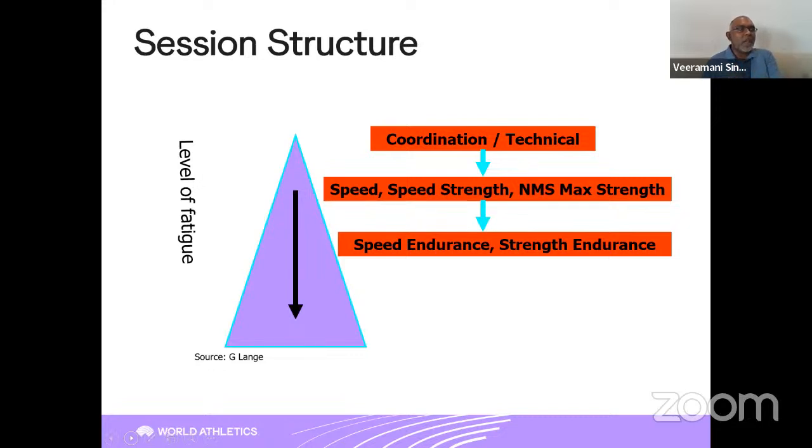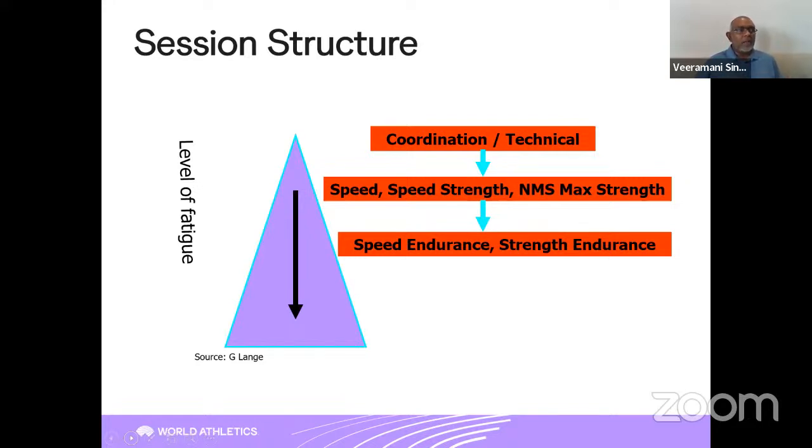Speed strength and speed, which we just spoke about, are again central nervous system related, and quite demanding in terms of the musculoskeletal explosion required. Because of that, this will take second place.